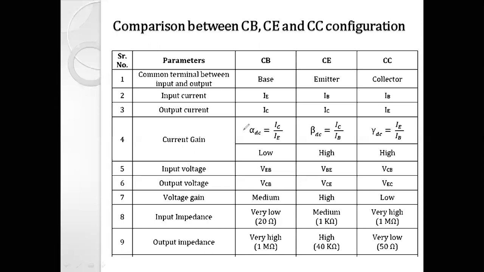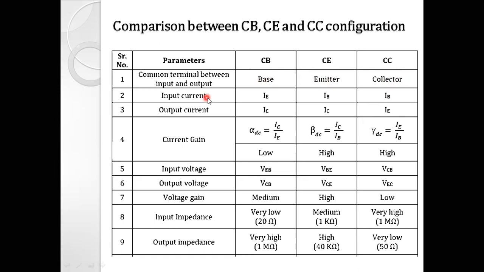For the common base configuration, the base is the common terminal between input and output. In common emitter, the emitter is the common terminal, with input at base and output at collector. Similarly, in common collector configuration, the collector terminal is the common.